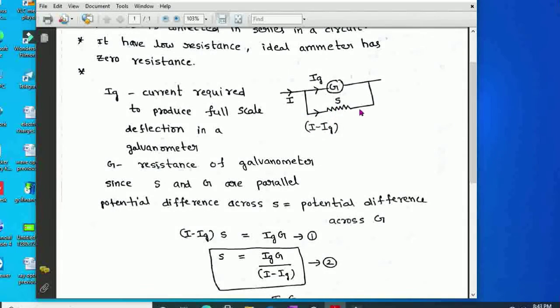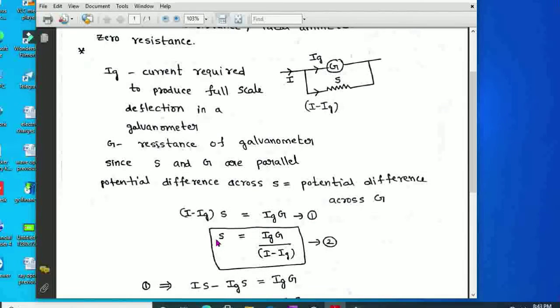So current passing through the shunt resistor is I minus Ig, and the resistance of the shunt resistor is S. So the potential difference is (I minus Ig) into S. That is equal to the potential difference across the galvanometer. Current through the galvanometer is Ig and resistance of galvanometer is G, so potential difference is Ig into G.